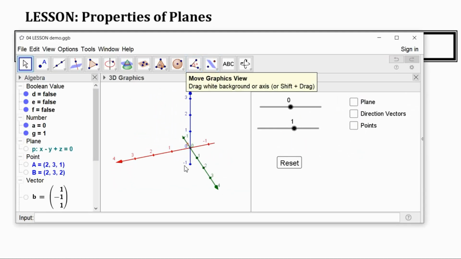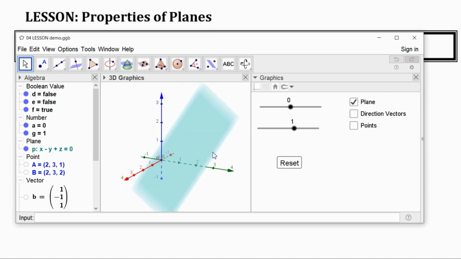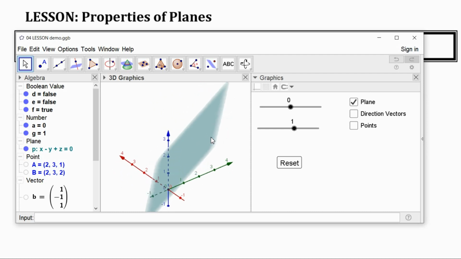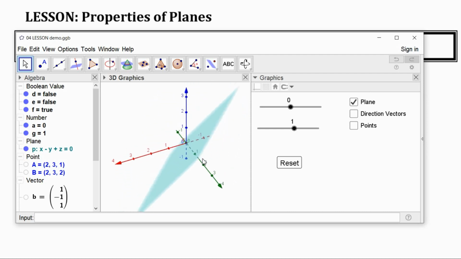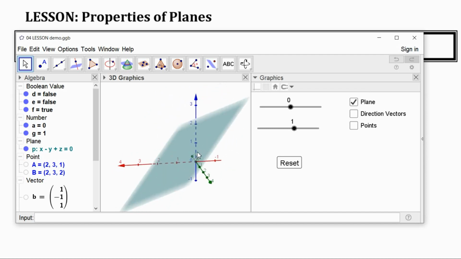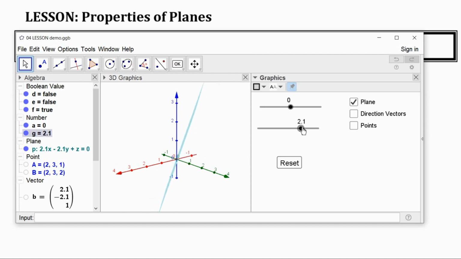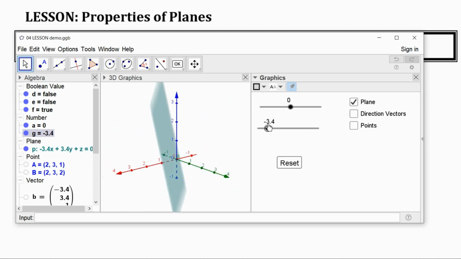So here is our 3 space, and here's our plane. Okay, and we looked at this before, and I've just set this up so that I can change some of the coefficients involved in the plane, and so I can skew it a little bit in space, just so that we can see the different looks of it.